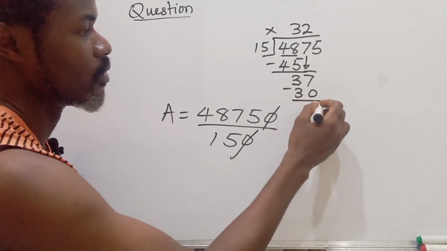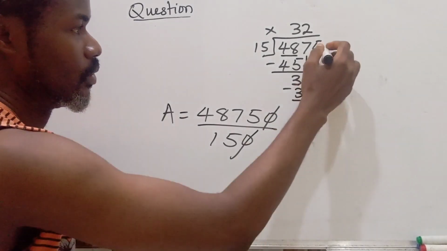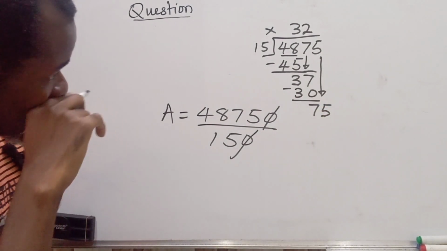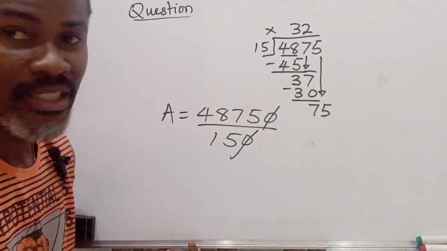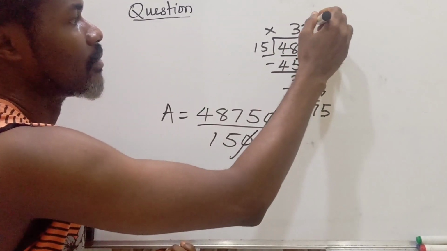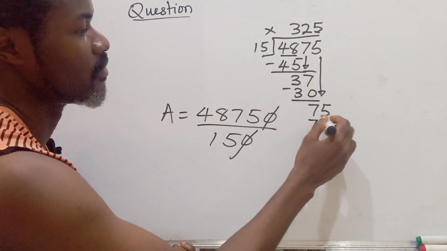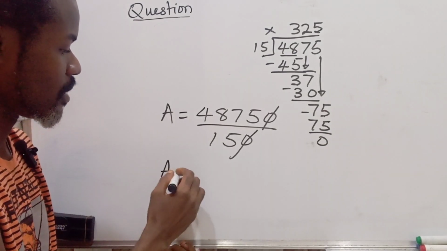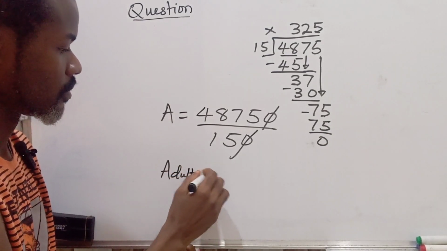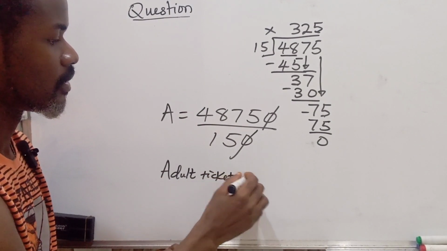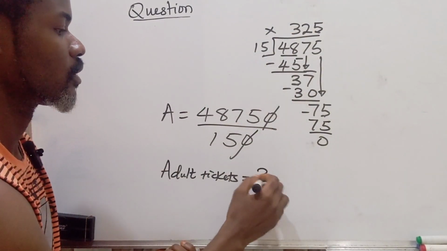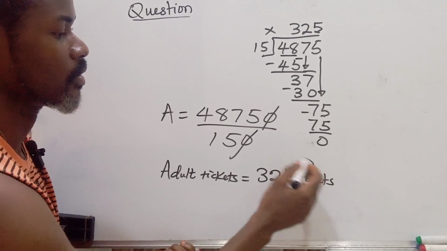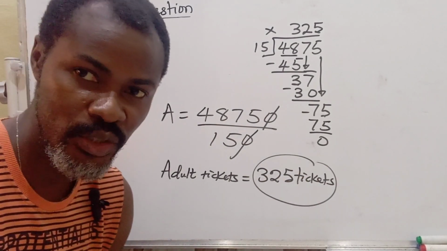We subtract this, we get 7. So bring down the 5. 15 into 75 is 5 times, which is 75. Subtract this is 0. So the number of adult tickets is 325 tickets. So that gives us the solution to this problem.